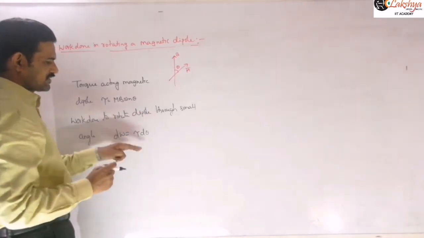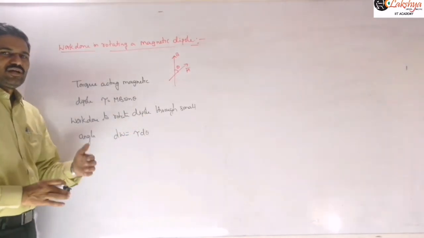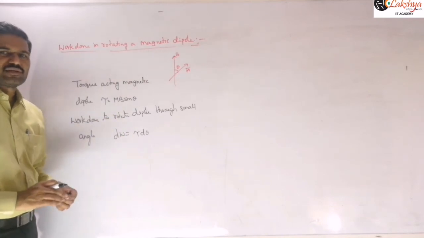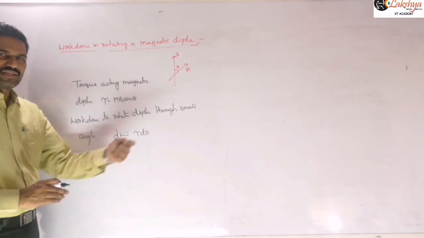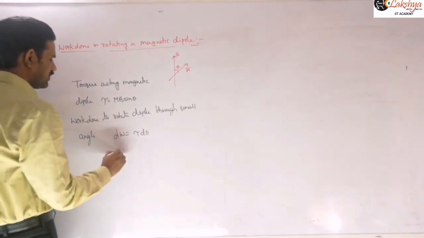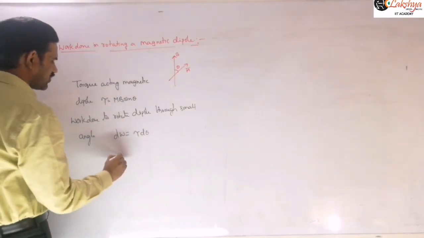That is similar to our F ds cos theta formula, and similarly here we write tau d theta, the angular work done, which is work done in rotatory motion for this angular displacement.